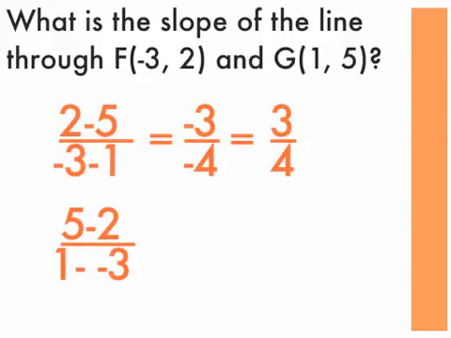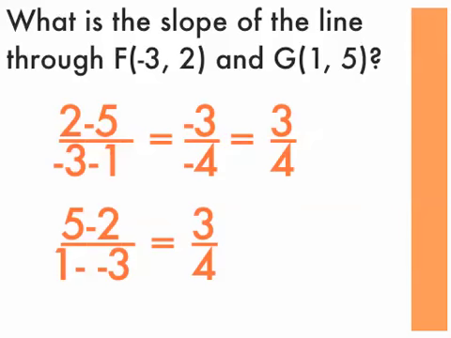If you do this operation, you have 5 minus 2, which is 3, over my 1 minus negative 3. Remember, double negative is the same as plus a positive, so 1 plus 3 is 4. Notice either way that I did this, I got the same slope, positive 3 over 4.